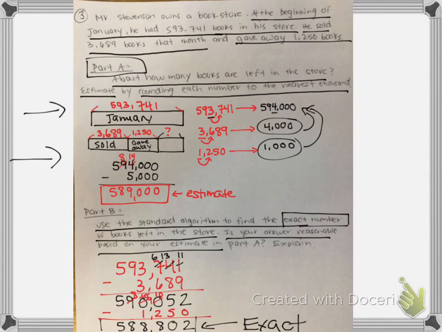So I am going to be looking now at my exact number and my estimate, and are they reasonable? Are they close? They are. They are literally only 200 books away. It is reasonable that this is a close estimate and a close exact number.